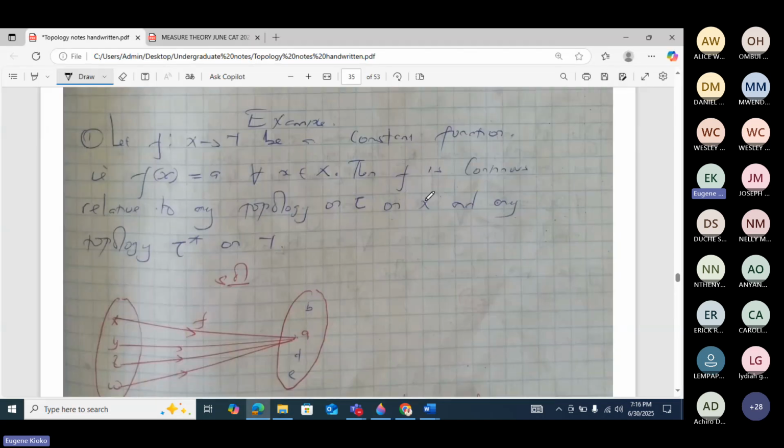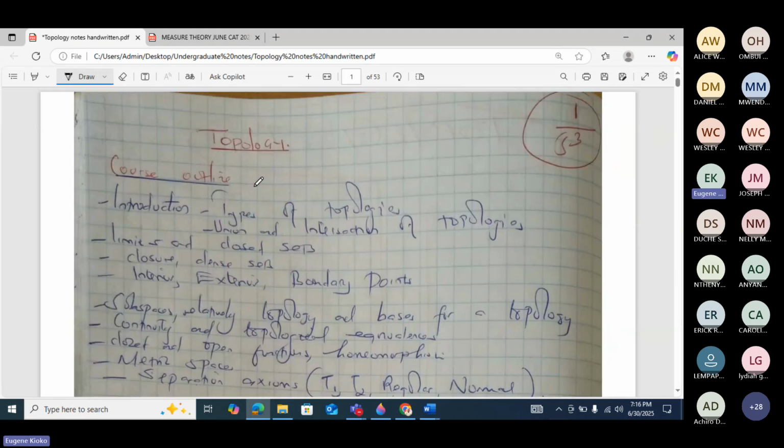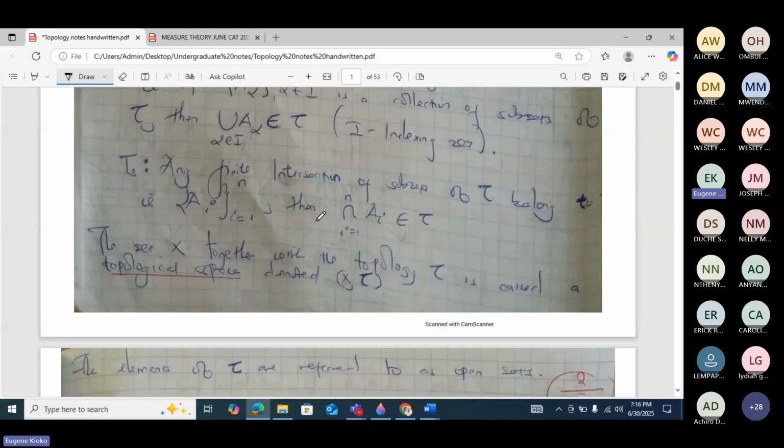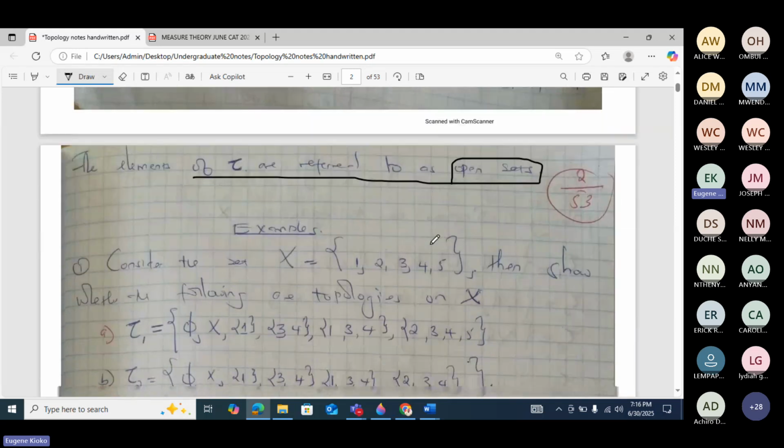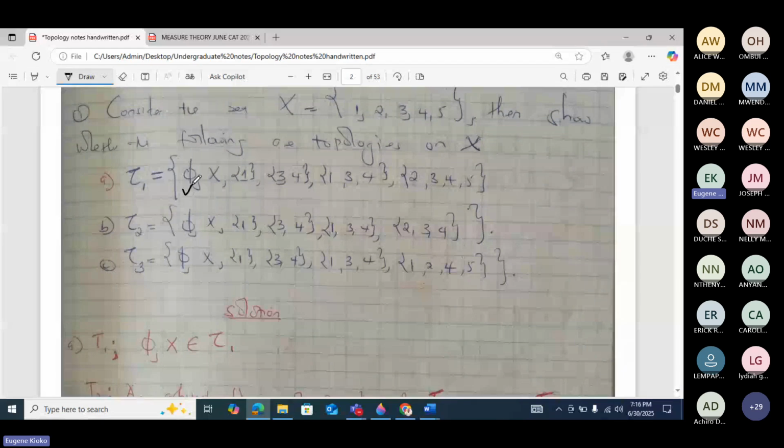Then you are told, show that a constant function is continuous. Well, I'll take you back to page 1. Page 1, after defining the definition of a topology, we said elements of a topology are called open sets. That is to mean this one is open set, open set, open set.